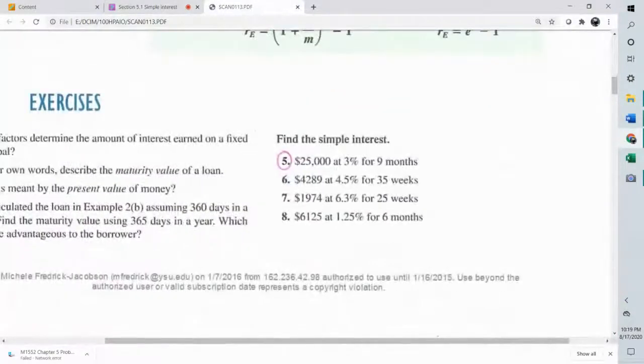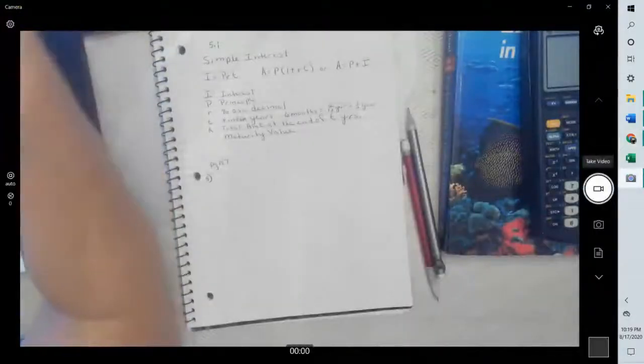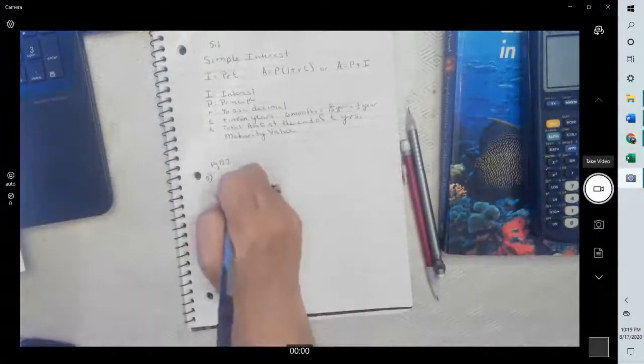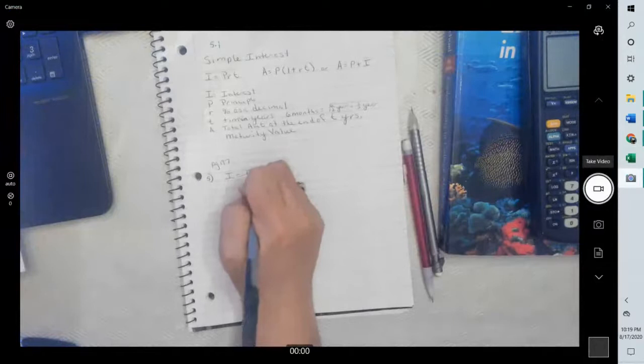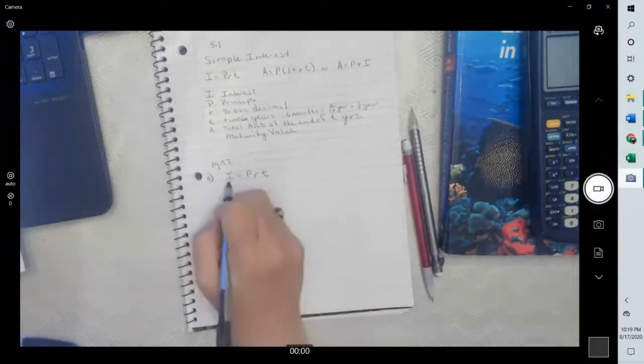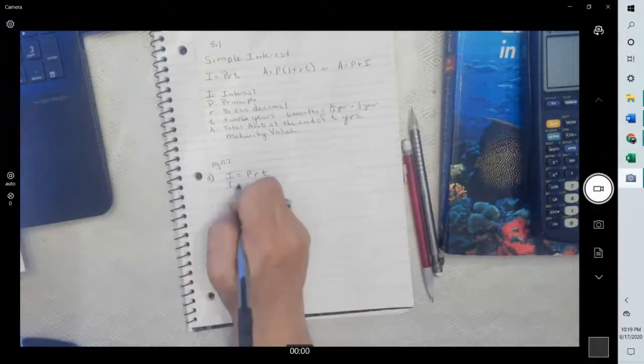Number 5, find the simple interest rate. We have $25,000 at 3% for 9 months. So simple interest rate means I equals PRT. If we go back to our formula, we're looking for I because we want the simple interest.